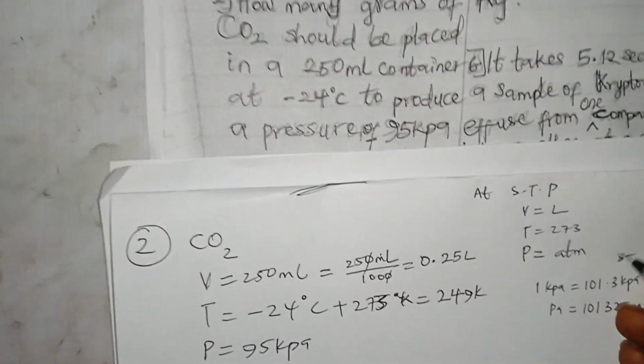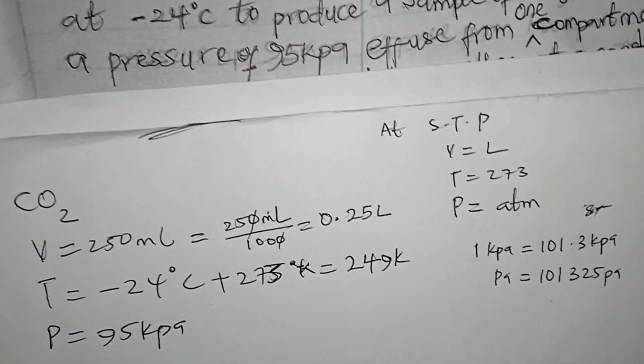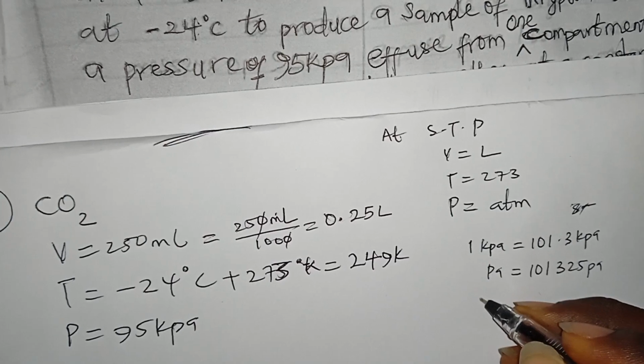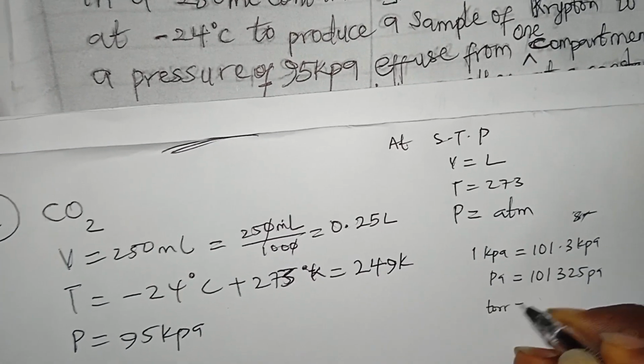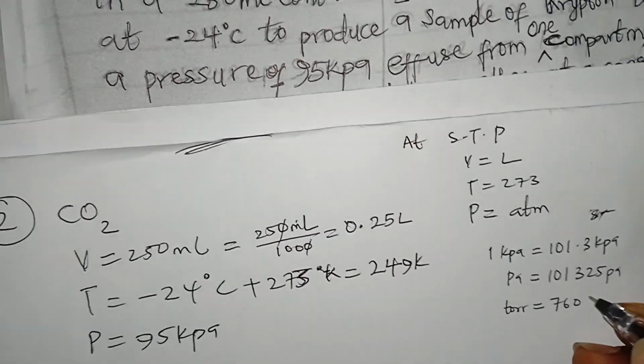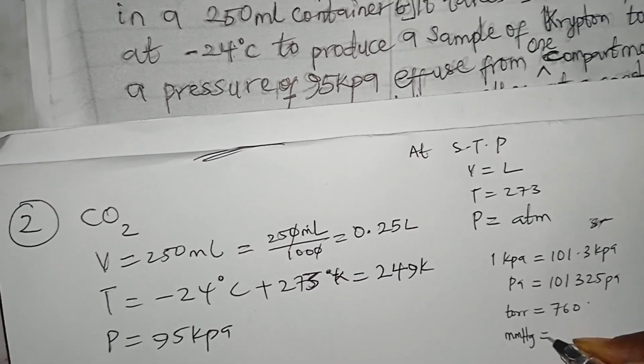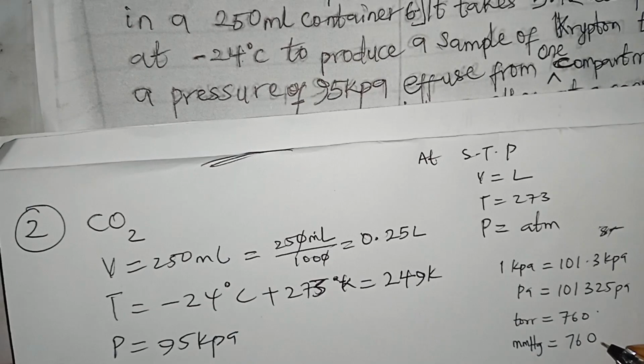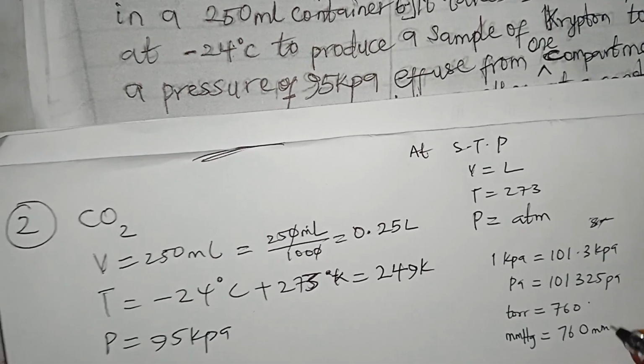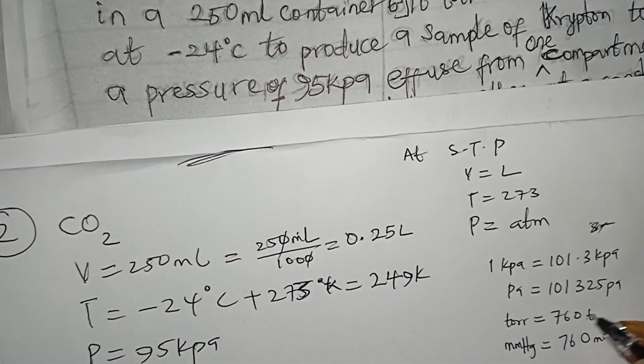At STP, torr is 760, and millimeter mercury, these are units of pressure, is 760 millimeter mercury.